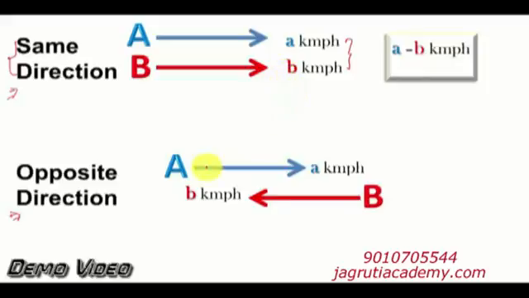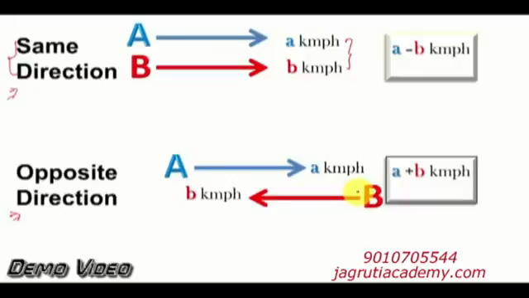In a similar way, coming to the second example, when A and B are moving in opposite directions, what is their relative speed? The relative speed is A plus b kilometer per hour. In other words, the sum of the speeds is the relative speed.